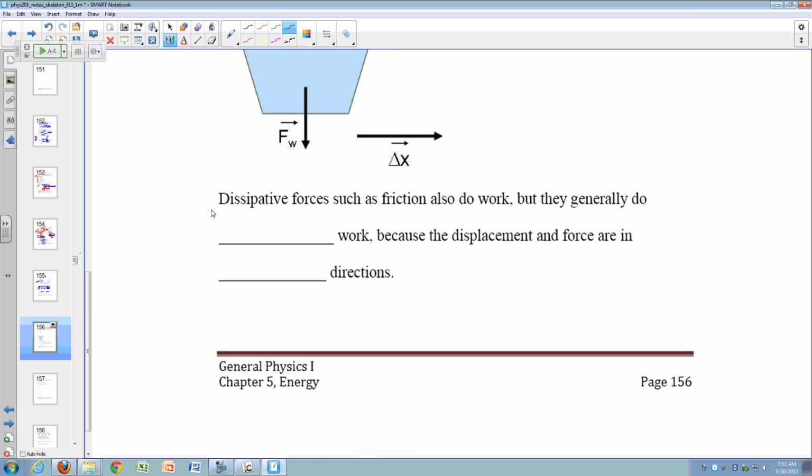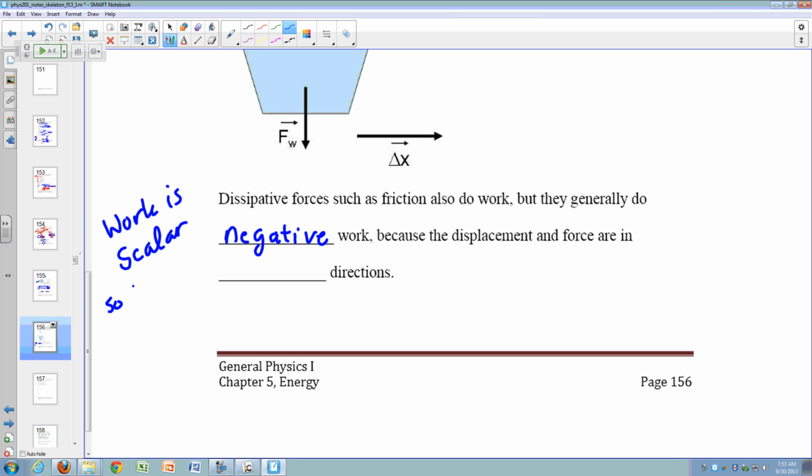All right, so dissipative forces such as friction also do work, but they generally do negative work. But remember, work is a scalar quantity, so the negative doesn't refer to direction, because it has no direction. Instead, the negative means that it's taking away energy, something that we'll call energy.